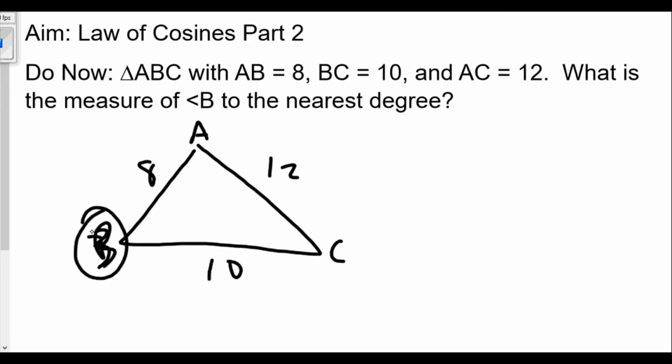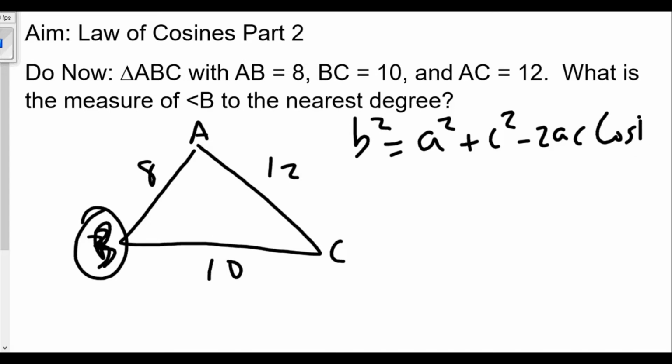We know that b squared equals a squared plus c squared minus 2ac cosine of B. What we can do is move things around. For example, I'm going to add 2ac cosine of B to both sides.